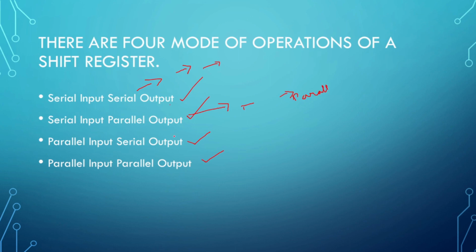In the parallel in, serial out shift register, the input is given in parallel and the output is provided in serial. In the parallel in, parallel out shift register, the input is given in parallel mode and the output is provided in parallel.